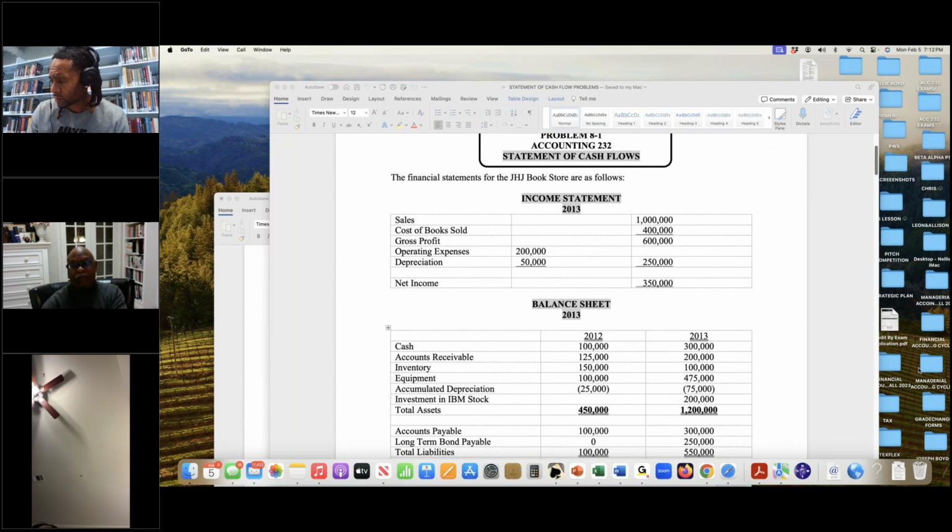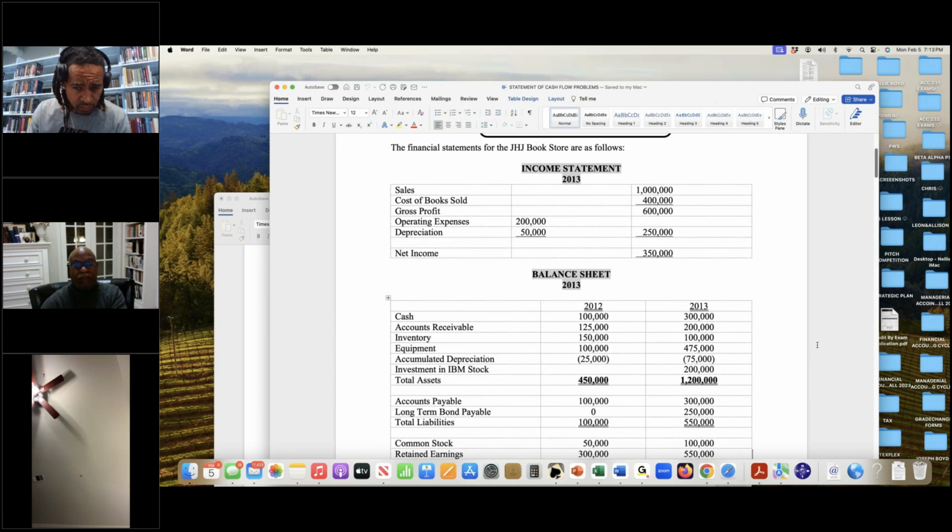Source. And why is it a source then, Dave? Is it net income? The receivables went up. So whenever the asset goes up, we said that would be what?